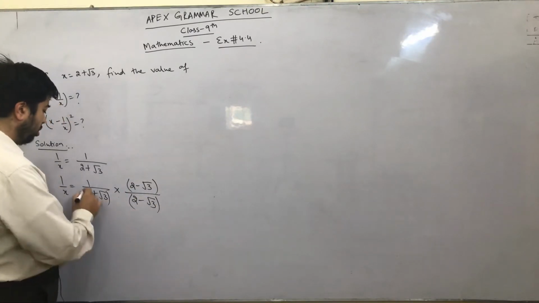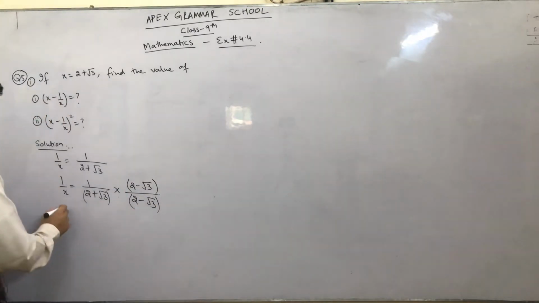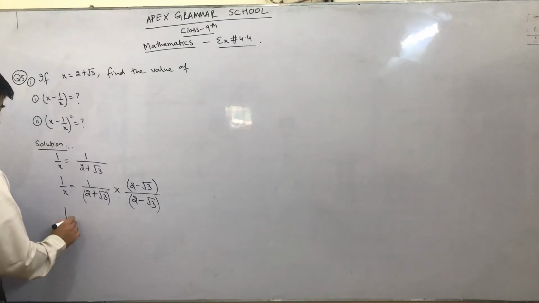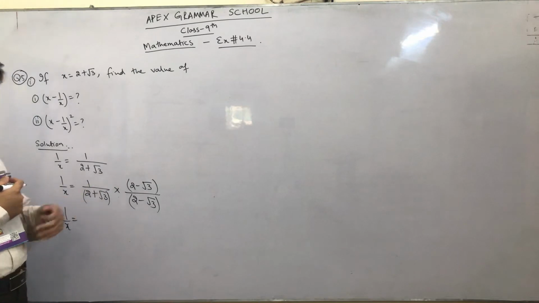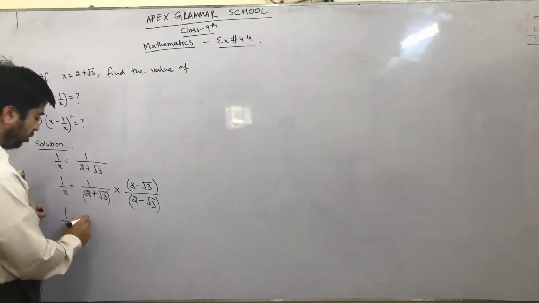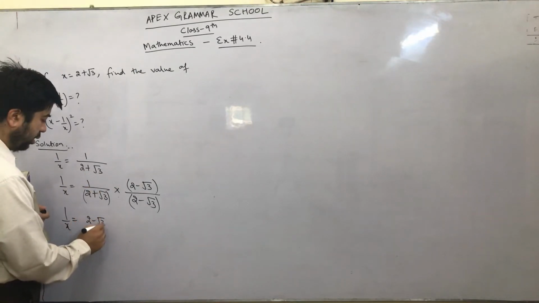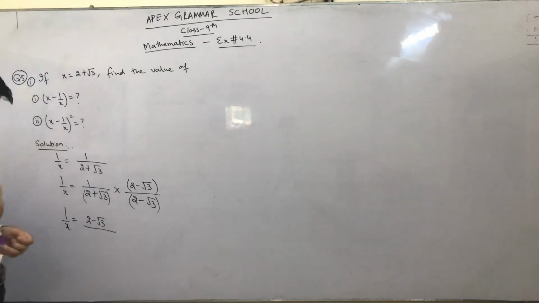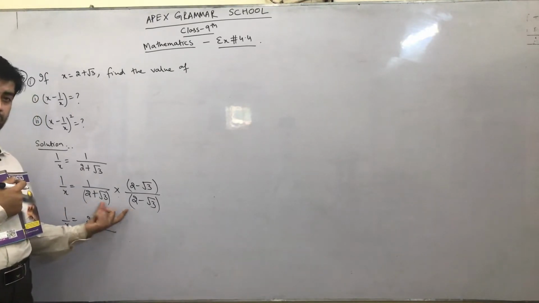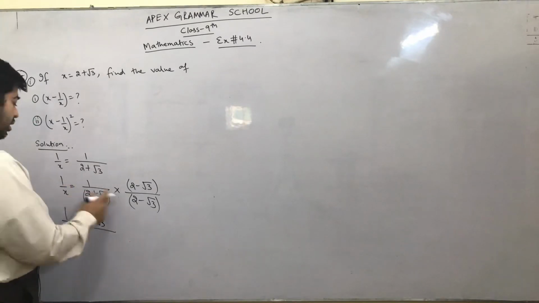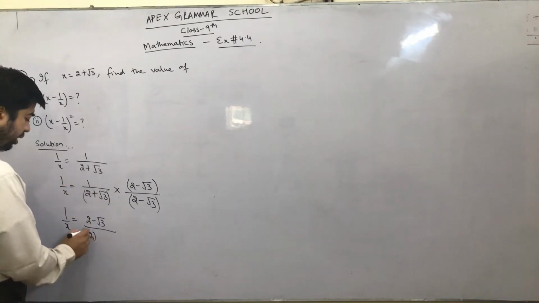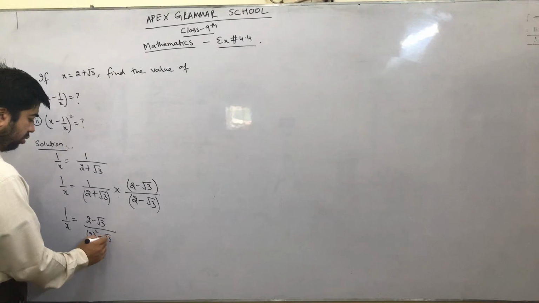So now this 1 over x becomes: the numerator will be multiplied by 2 minus under root 3, and for the denominator, a plus b and a minus b, the formula is a square minus b square, 2 square minus square root 3 square.